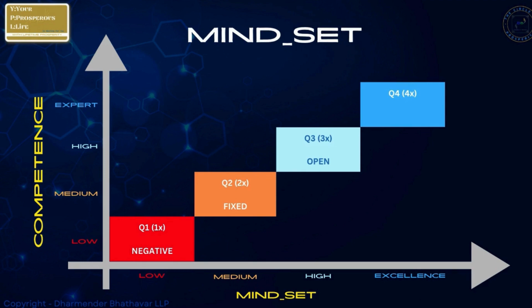The next level is growth mindset, where the competency is considered expert and their mindset is in the excellence zone. Hence, they fall under quadrant 4, that is growth mindset. So what exactly do you mean by growth mindset?